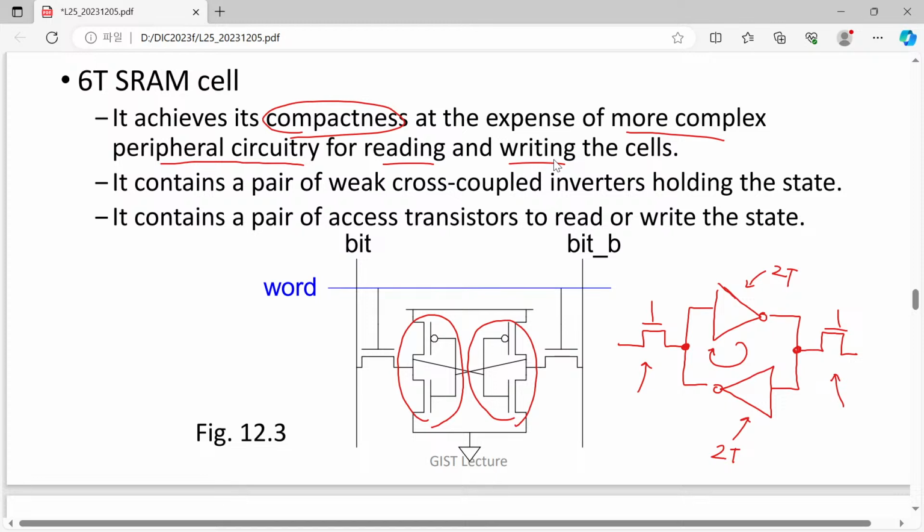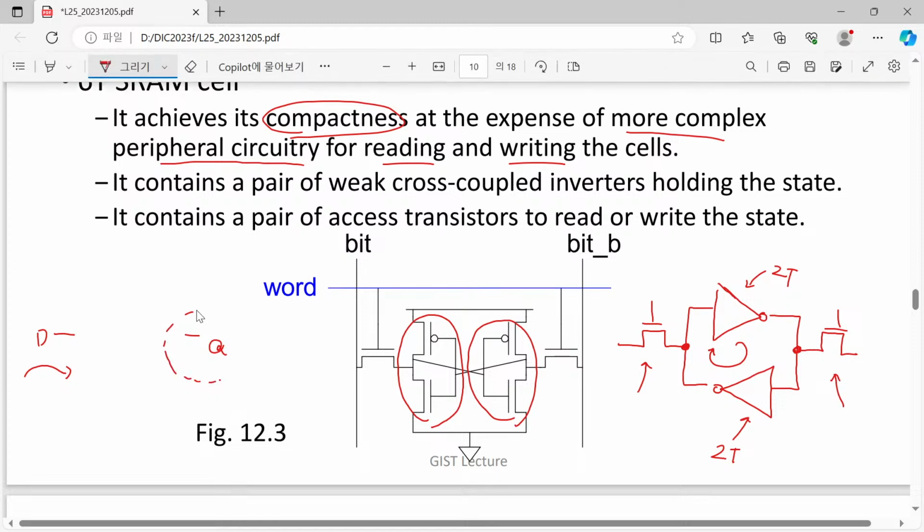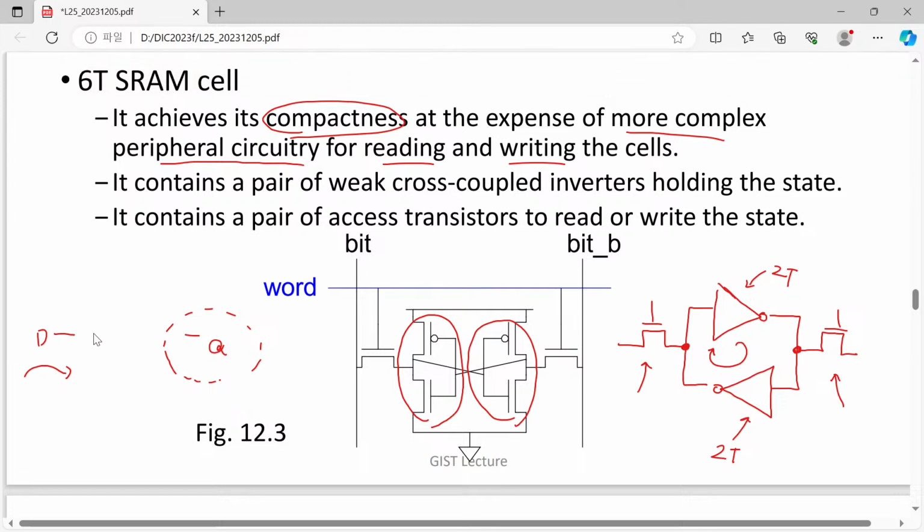Also please note that it has well separated D and Q nodes. You just insert the input at D, and once you sample your D, you can easily use your Q information. However, in the case of this SRAM, we sacrifice this kind of input and output isolation.